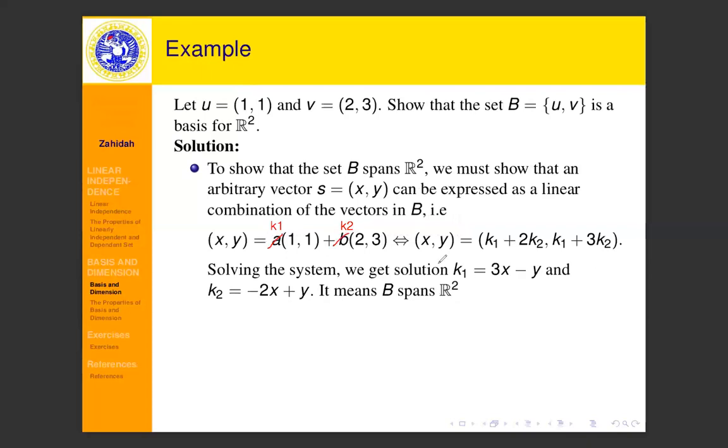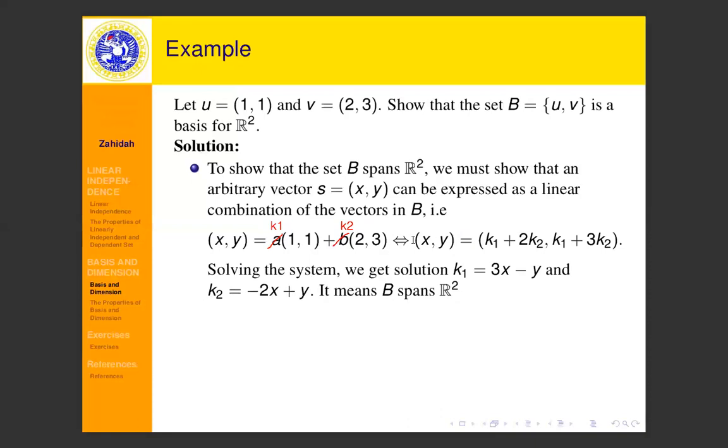Okay, solve this system. We have k1 equals 3x minus y, and k2 equals minus 2x plus y. It means B spans R2. Okay, maybe we can use our previous way, like the answer of your assignment.